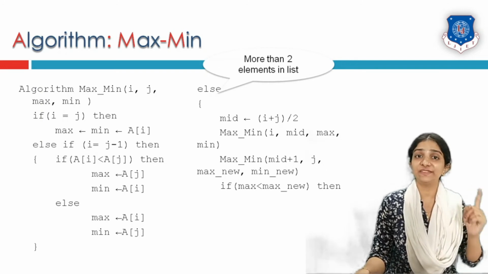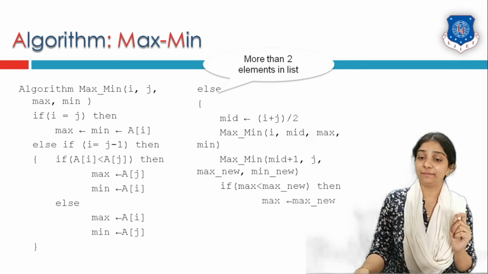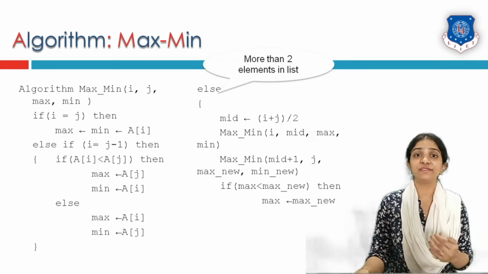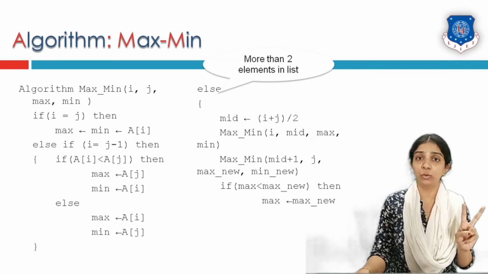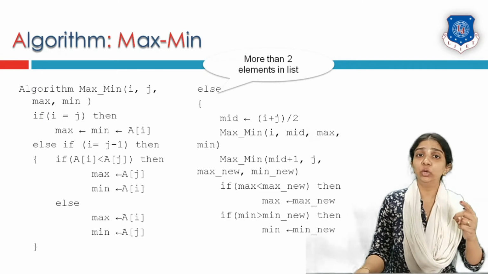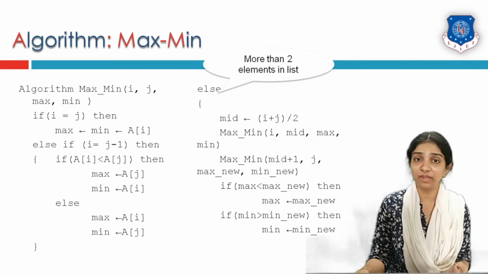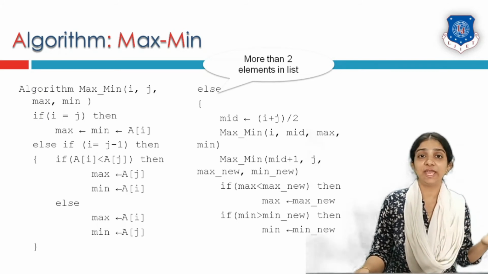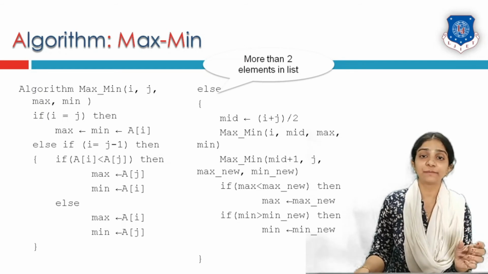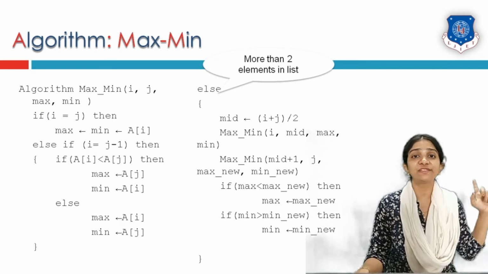If max is lesser than max new, the actual max must be max new. That means max is now storing the value of max new. The same comparison must be done between min and min new. If min is greater than min new, min should be min new. So in that case, min is assigned the value of min new. So this way the algorithm would be called recursively for each and every element sublist, and the answer would be stored inside the two variables max and min.